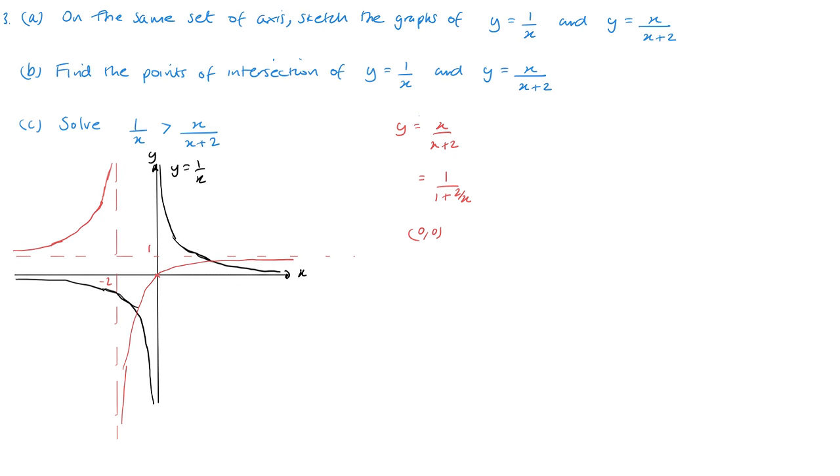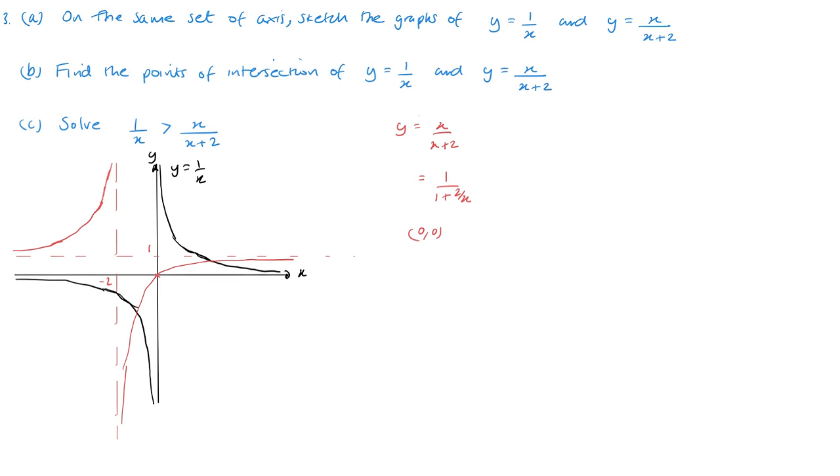If I've got a value above 0, so 1 over 3, so it is going to be a value here, so that works. Then let's look at the other side of -2, so -3. -3 over -1 is +3.